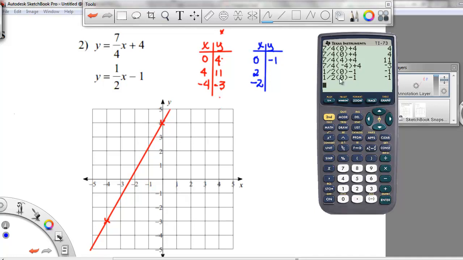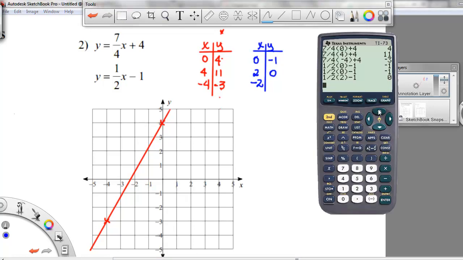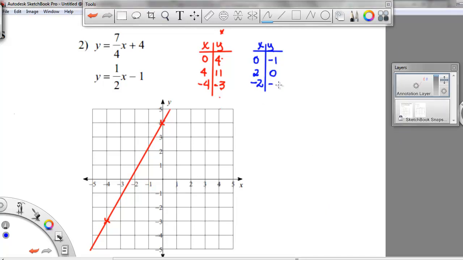When x is 2, the y is 0. And now I'll change it to a negative 2. Put my insert key and put the negative in front. Hit enter. When x is a negative 2, y is also a negative 2.